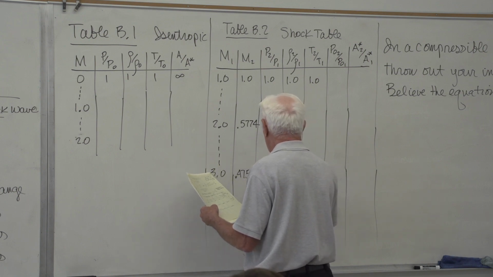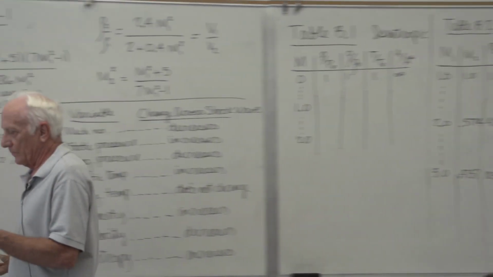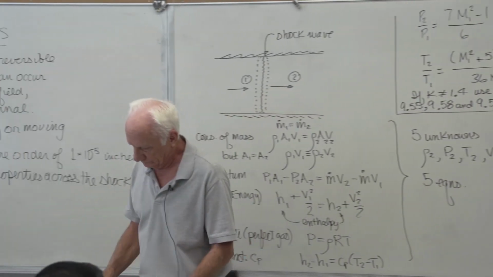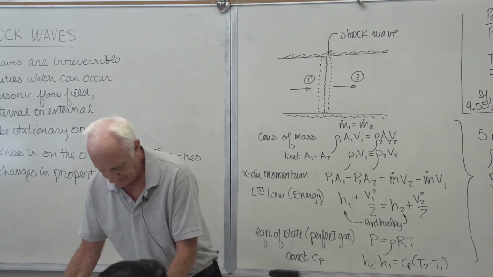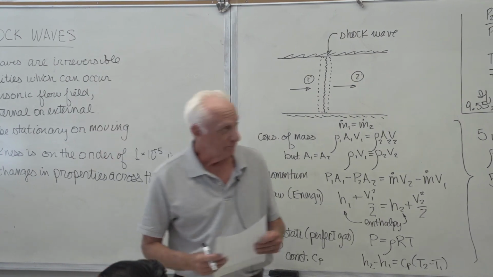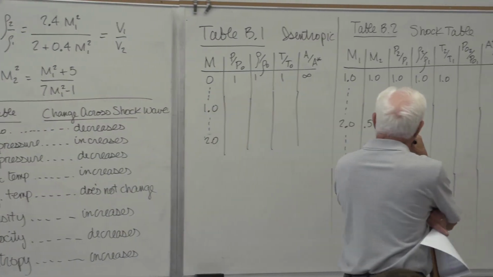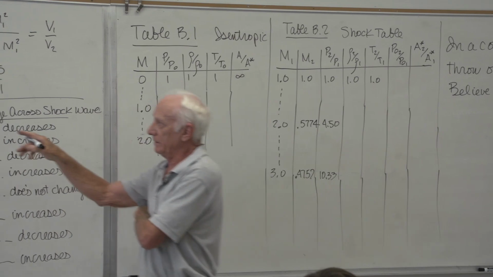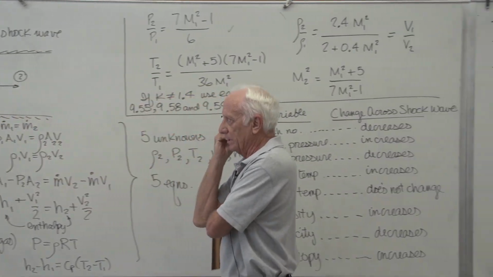Down here, 10.33. Okay. Let's say the pressure upstream of the shock is atmospheric pressure, 14.7 pounds per square inch.